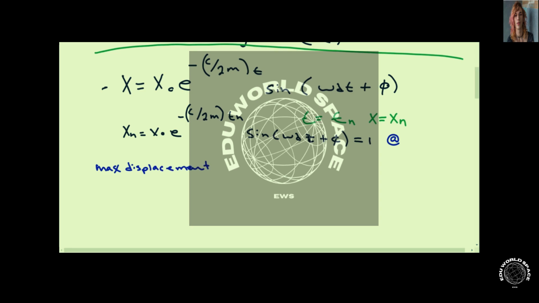Because here we did the vibration of the diminishing amp. For the max displacement, we're going to have t equals tn plus 1, and x is going to be equal to xn plus 1.